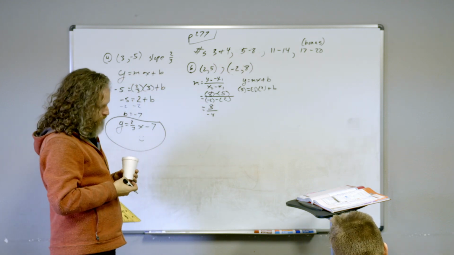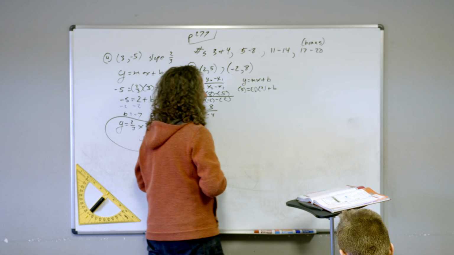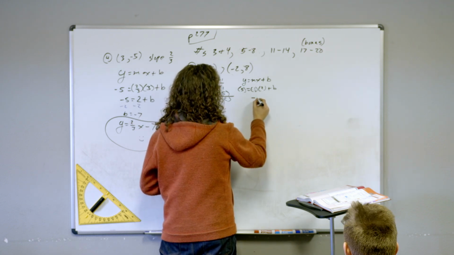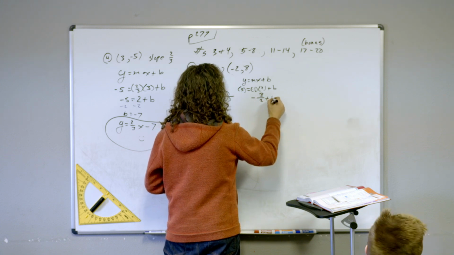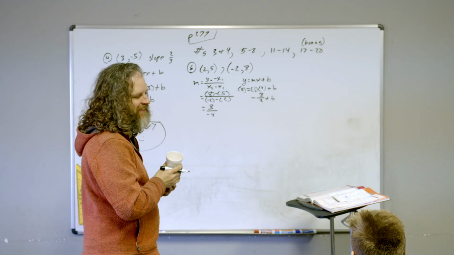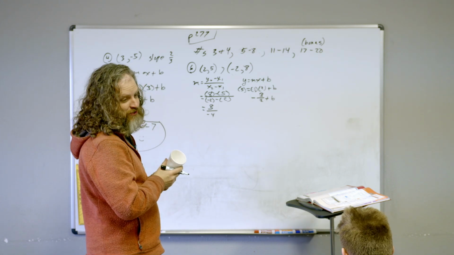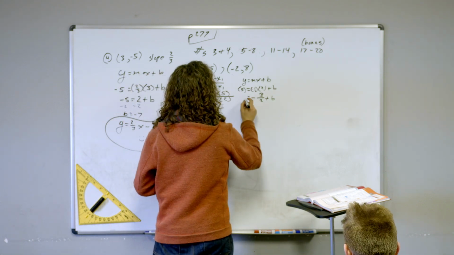What's -3/4 times 2? -6/4, which reduces to -3 halves.